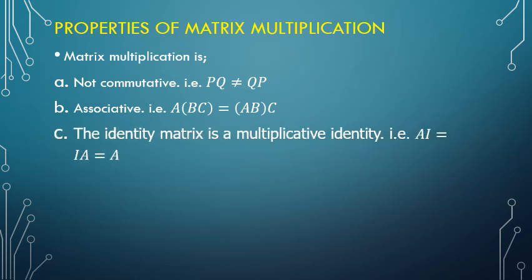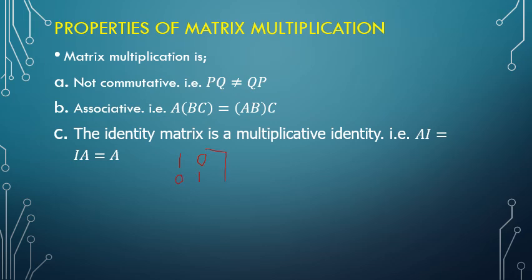Another property is that the identity matrix is a multiplicative identity. That is, matrix A multiplied by the identity matrix I is the same as identity matrix I multiplied by A, which gives us A. The identity matrix is a matrix with entries 1, 0, for example, a 2 by 2 matrix, and then 0, 1.